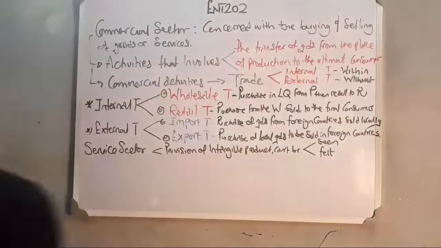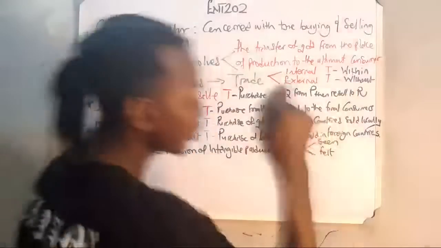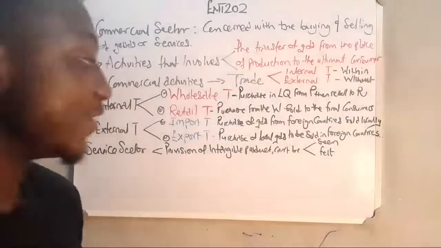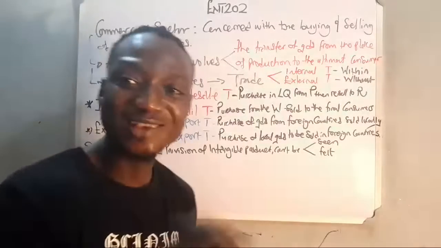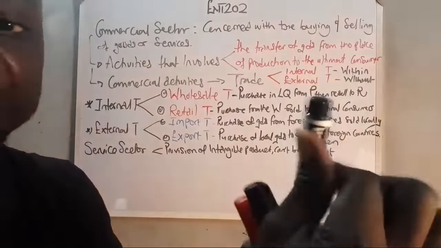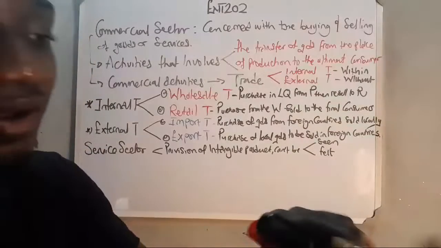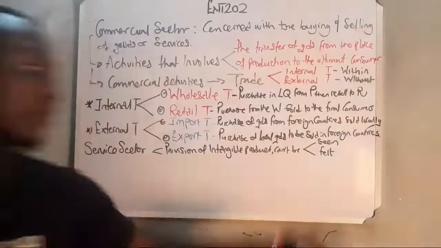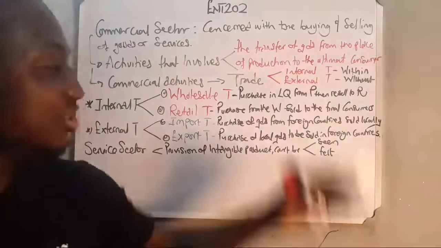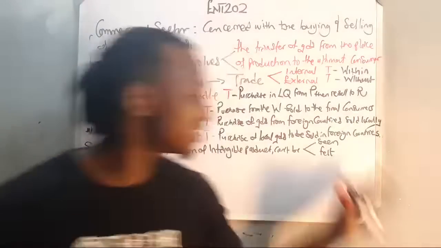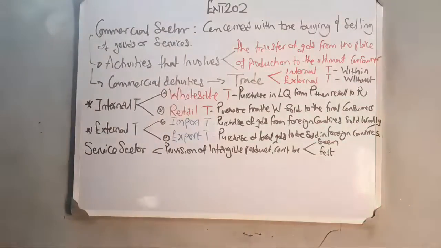Felt here is like touching, not feeling. Please, let's not mix up. Felt here is used in the context of feeling like this: I felt the texture of the wrapper. But intangible is more like a service. You enjoy a service. You don't see it, you don't feel it, you cannot touch it. You only enjoy it. So that's the point we are trying to pull here.